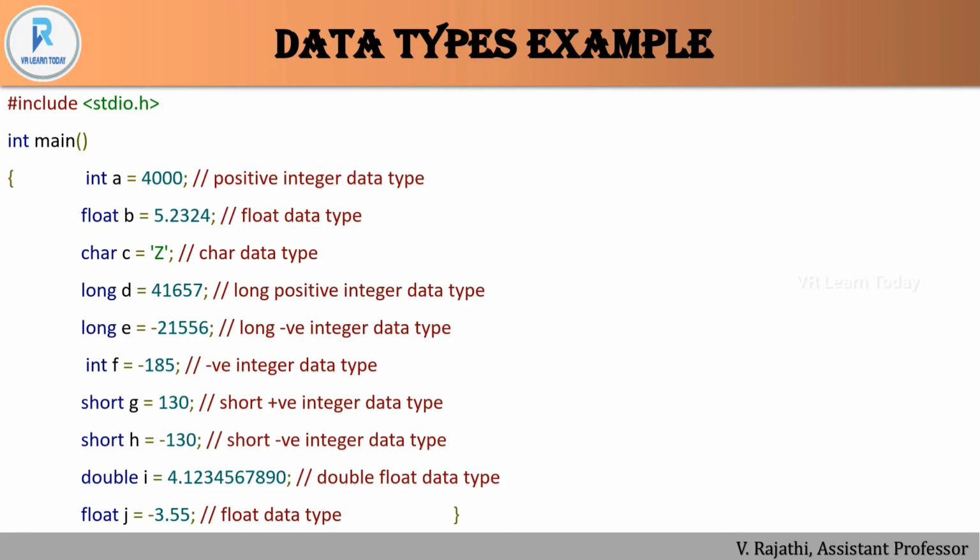See, integer is a whole number, floating has a fraction part, 5.2324. Character c, see, I'm using single quotes for the character. So this is long int and short and double and float. So this is the example of how you declare variables in a program.